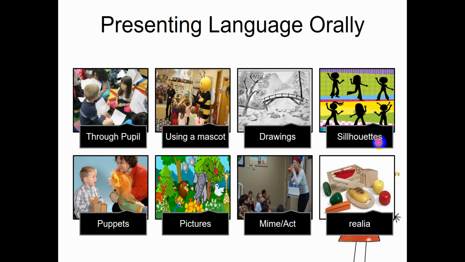You can use silhouettes if you want to. You can use puppets. You can use pictures, which is the common one. You can also mime or act, like this one. And the last one, you can also use realia. Those are the options to present the language.